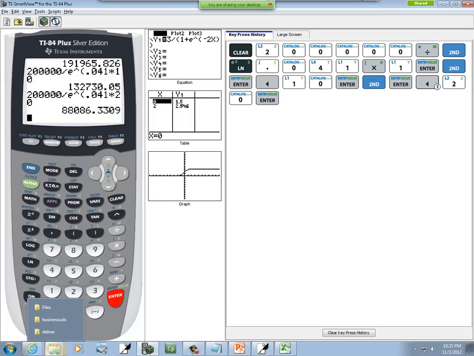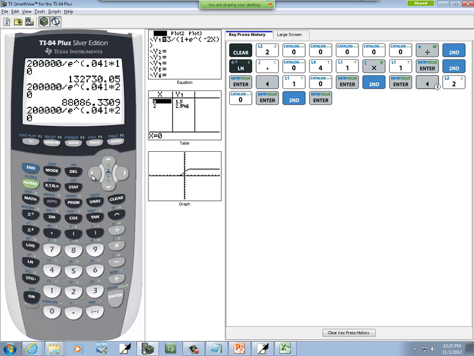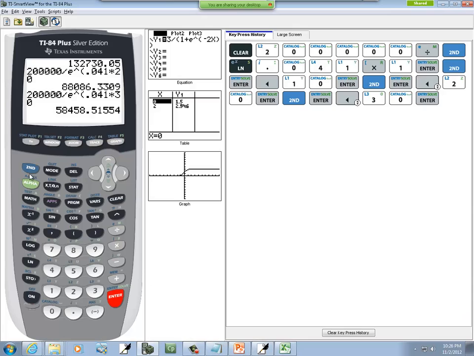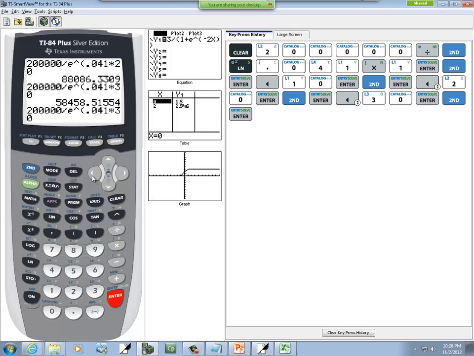Now for T is equal to 30. Again, I'm going to come over here, do second enter, use my left arrow key to go over and change that to 30, and press enter. And we got P is equal to 58,458.52. For T is equal to 40, I do second enter. That is such a nice feature on the calculator. Bring up that previous entry.